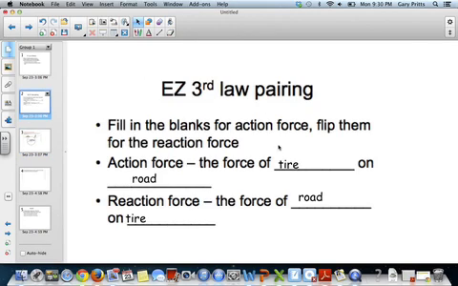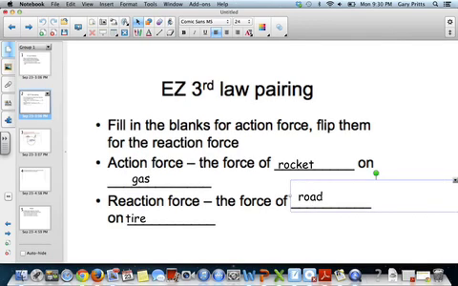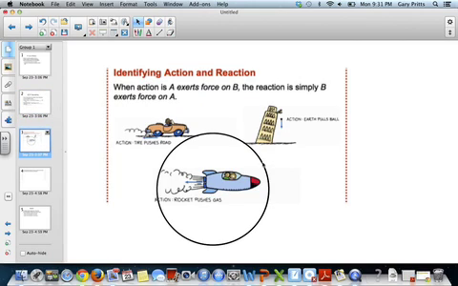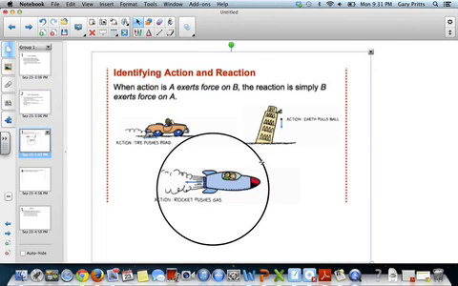So we have the force of the rocket on the gas, and then the reaction force is the force of the gas on the rocket. Now this is helpful, because the rocket is pushing the gas backwards, and then the gas pushes the rocket forwards, which is exactly what you want. You want the rocket to have a propulsion system, and this is how you get propulsion.